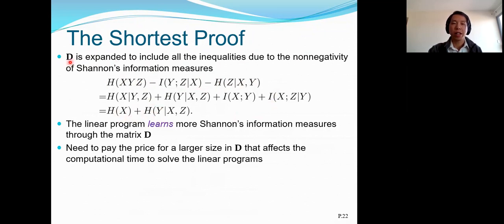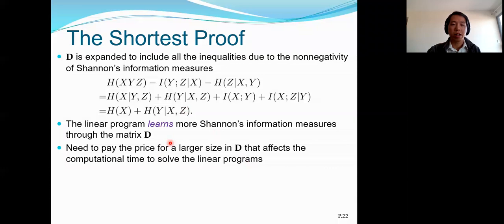If we don't expand D, if we only use the elemental inequalities, then the system will give us the second line, because it only knows the elemental inequalities. It actually doesn't know that the entropy of X is larger than 0. So you can see that the linear program actually learns the Shannon's information measures through the matrix D. If you put more rows into the matrix D, then the linear program can learn more Shannon's information measures, and it can give us a shorter proof.